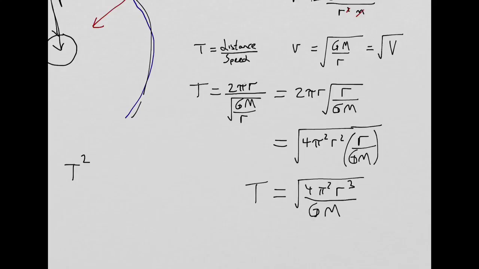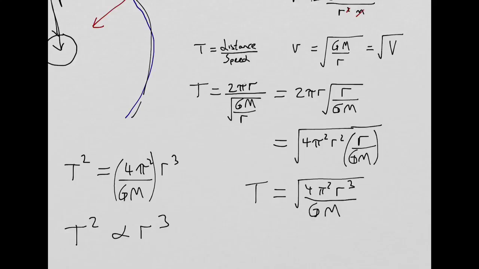T squared will be equal to, so the whole constants can come out the front, 4 pi squared over GM times r cubed. Now, if we treat the constants as just one number, which it would be, then we can put ourselves into a situation of T squared is equal to k r cubed, which we can then simplify to say that T squared must be proportional to r cubed.